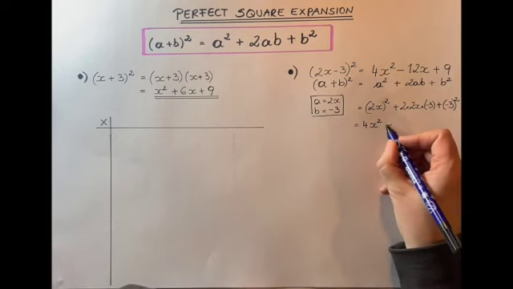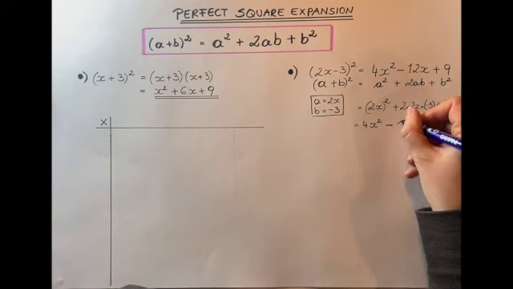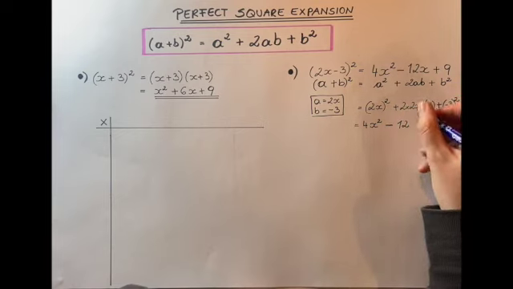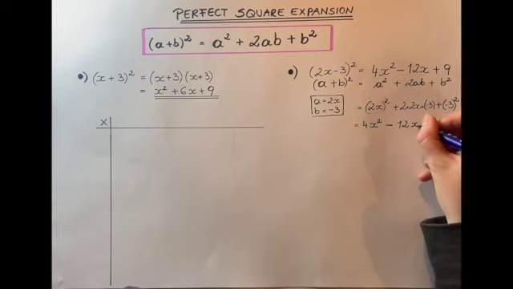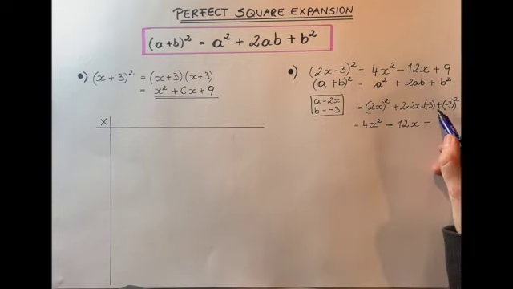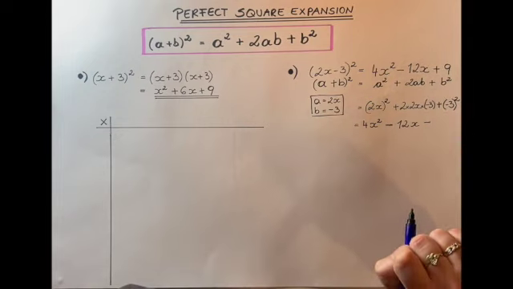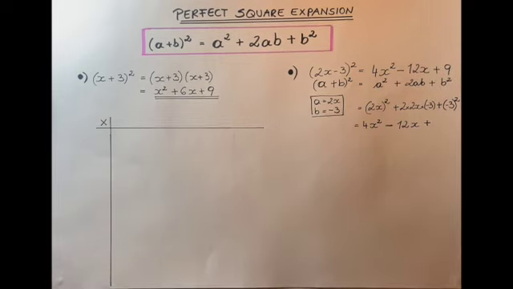Now let's calculate 2 times 2 times 3, giving us 12. And we mustn't forget that we still have an x here. And then plus, or is it minus? Think about that for a second. It is going to be plus, and this is something that you really need to remember very well.